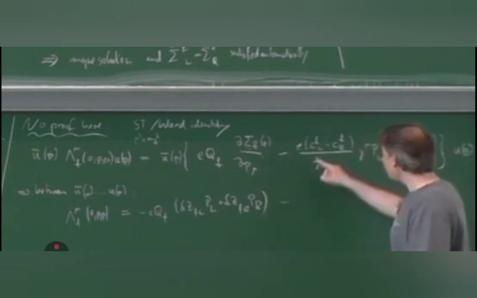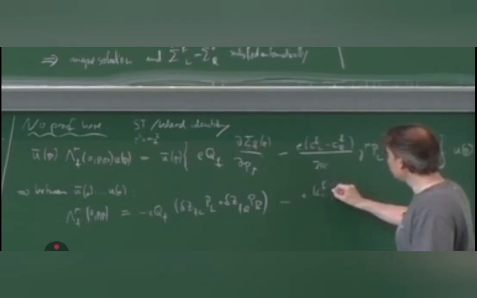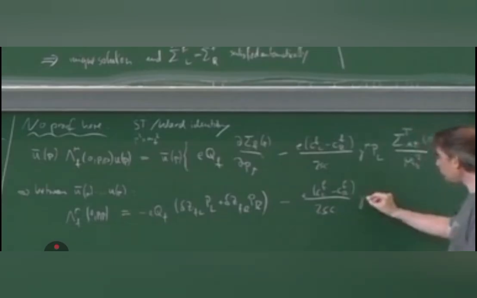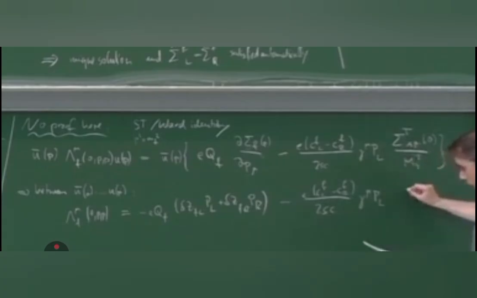Then this we can copy. Divided by 2 s_W c_W times gamma mu P left. And then this is, of course, our off-diagonal field renormalization constant between the photon and the Z. So this is exactly this delta Z_ZA, so this is delta Z_ZA divided by 2.